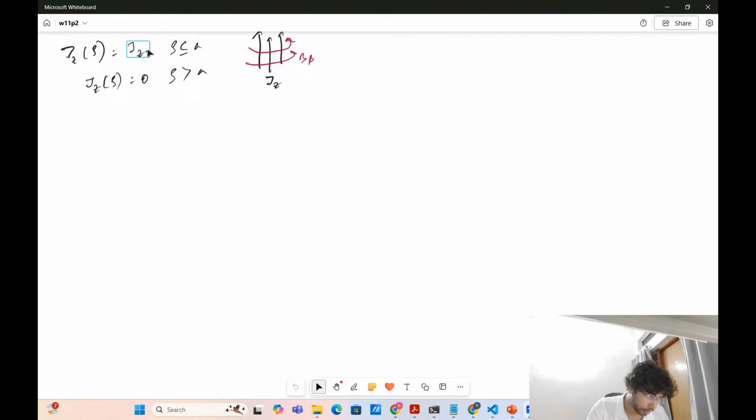So from here, the magnetic field will turn out to be like this, just coming from the Maxwell's equation. Okay.